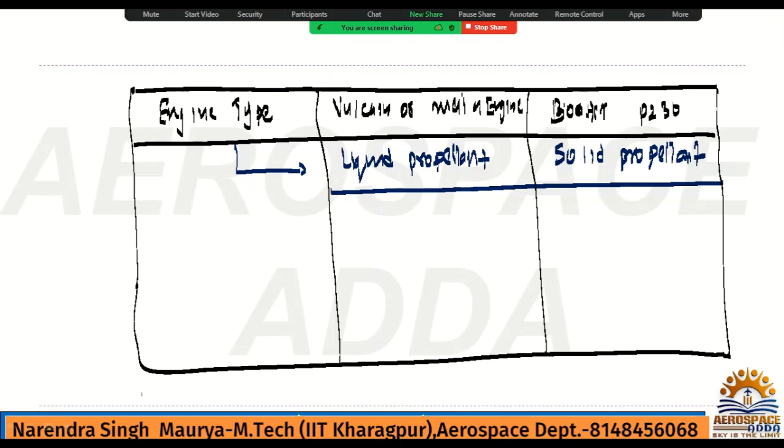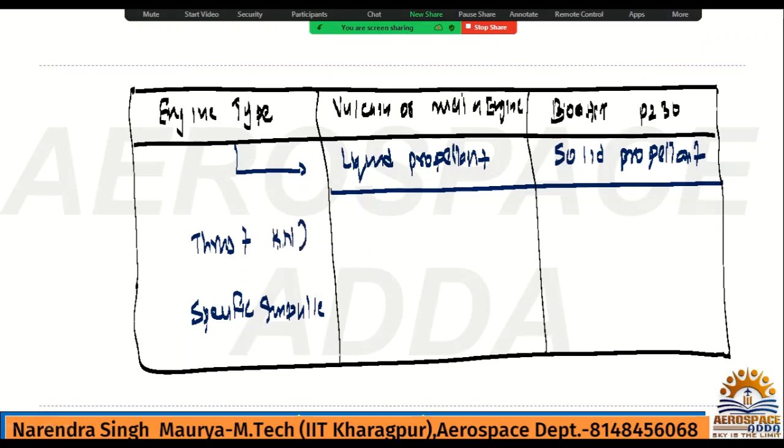So now you will write the value for thrust and you will write the value for specific impulse. For liquid propellant, what is the thrust? This thrust is in kilonewton, remember. Okay, and specific impulse will be in seconds. This unit is important. What is the liquid propellant thrust?